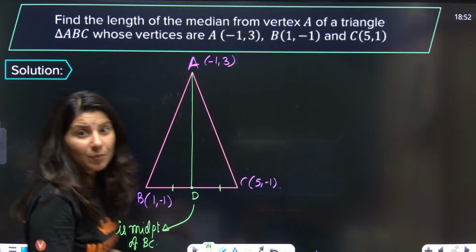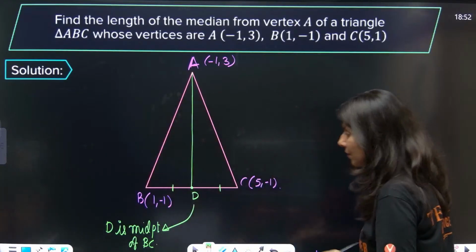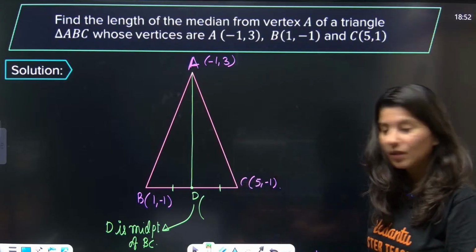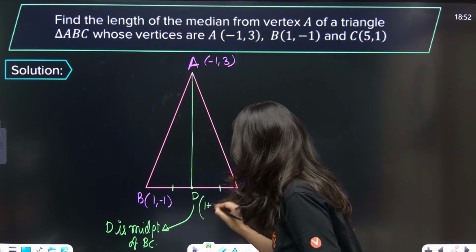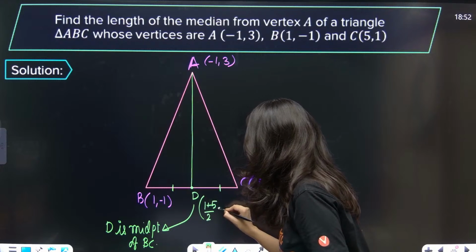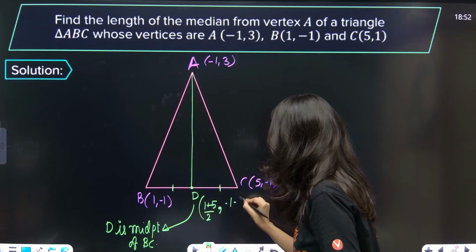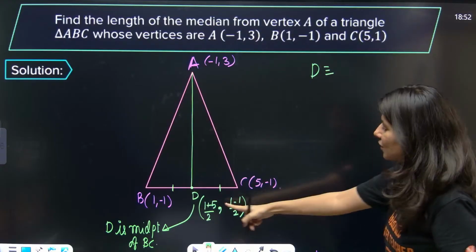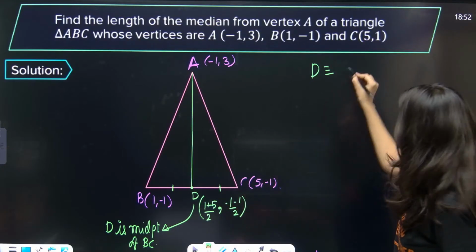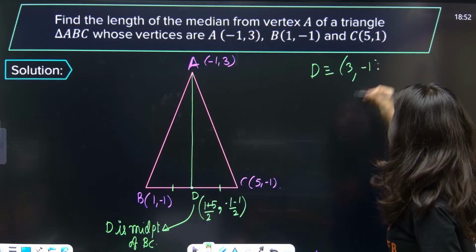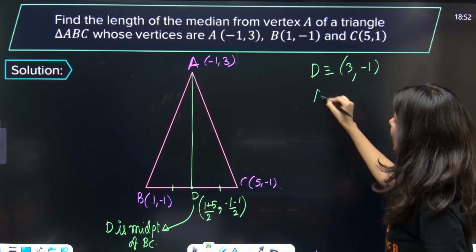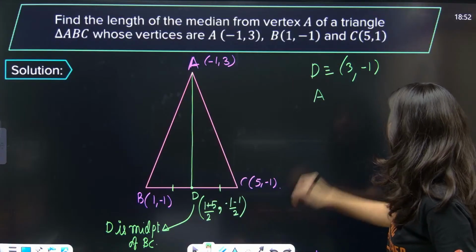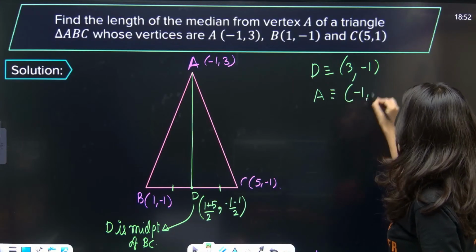If D is the midpoint, can anybody tell me what will be the midpoint? Quickly. So 1 plus 5 by 2, comma, minus 1 by 2. So the coordinates of D you can calculate, which is 6 by 2 is 3, and -1. So this is your D. A, you know already, the coordinates of A: -1, 3.